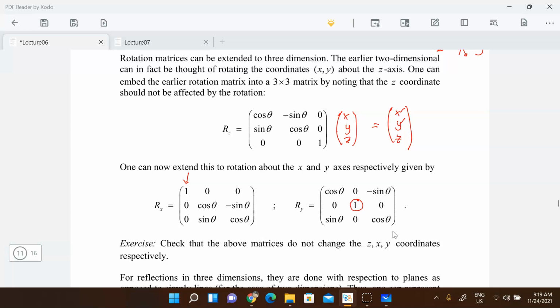And your block gets broken up. So I have to cross out this thing to be able to see it, and I get the same cos theta, minus sine theta, cos theta.